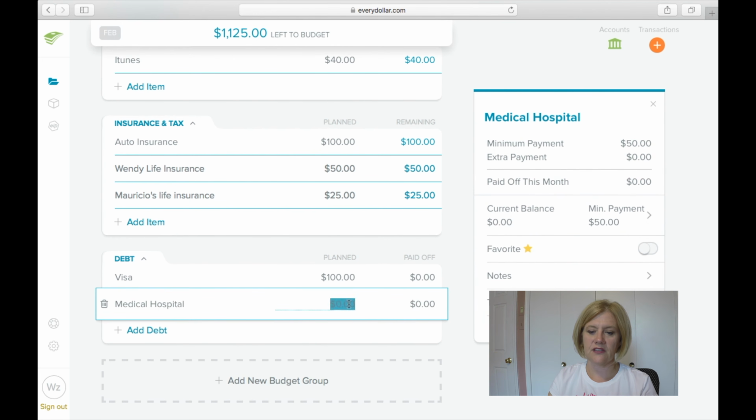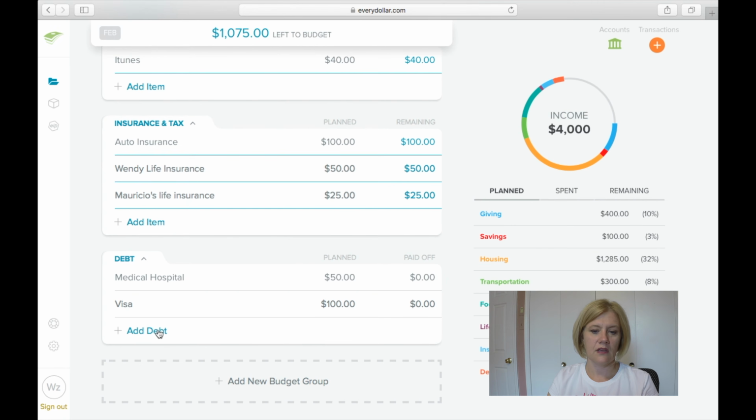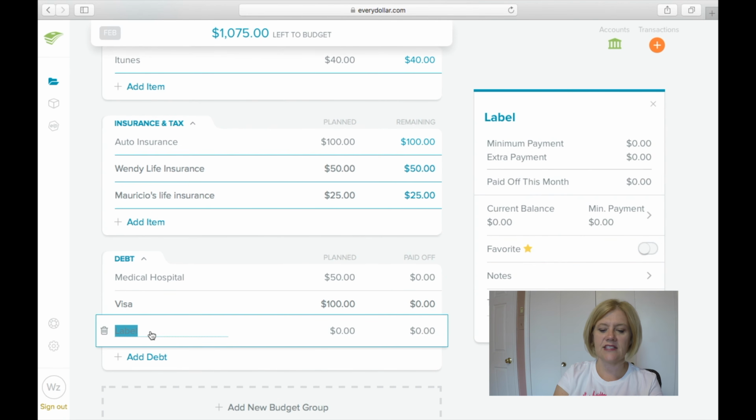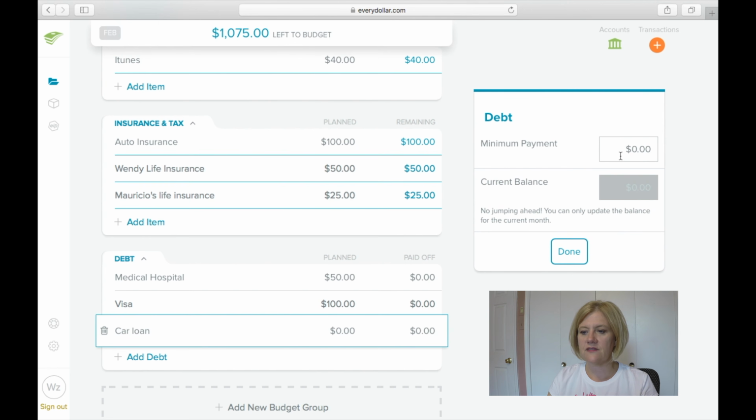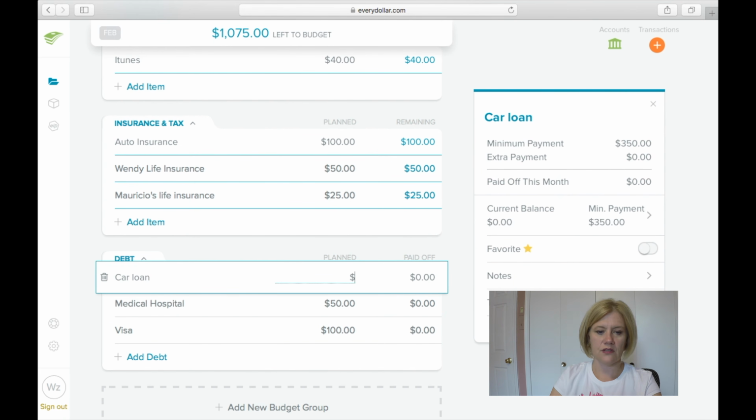So we're going to put $50 here. And then our last debt is our car loan. Our car loan's a little more expensive. Our minimum payment is $350, and let's say we owe $1,400 on it for the sake of this. So our car payment is $350.